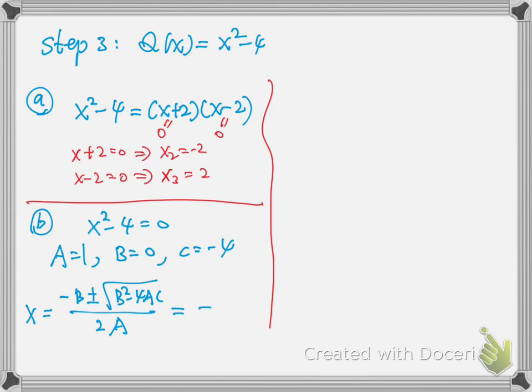So you will get 2 more solutions, plus or minus 2. So x2 is negative 2, x3 is 2. Same solutions. Here we don't want to draw the graph, we don't need to find where it cuts the x-axis. We just find 3 solutions. So what's the last method for q? We use synthetic division for q.